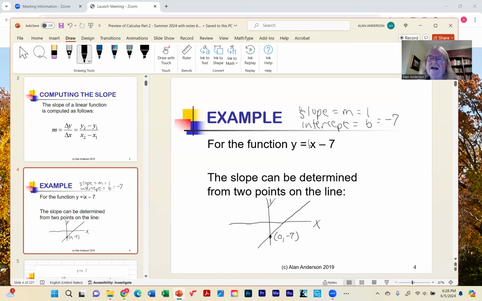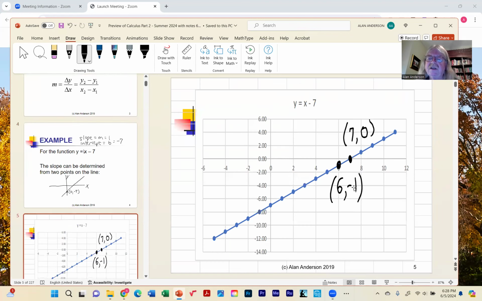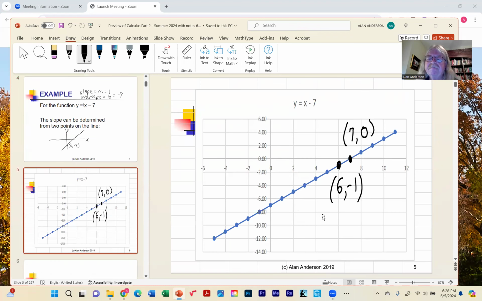Now, we can find the equation of a straight line, as you know. Here, this is actually that same function. I did this in Excel, as you can see, so that I could write on top of it two different points. I don't think we can do that in Symbolab. Those are 2 points on the straight line. For example, let's think of this as point 1 and point 2.